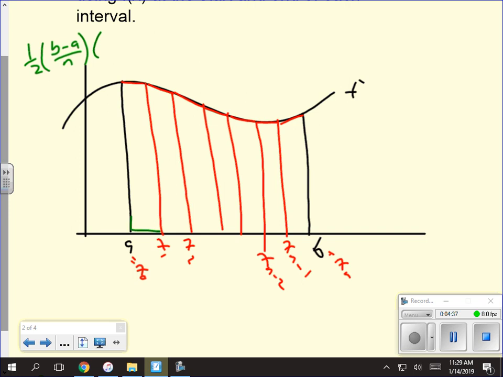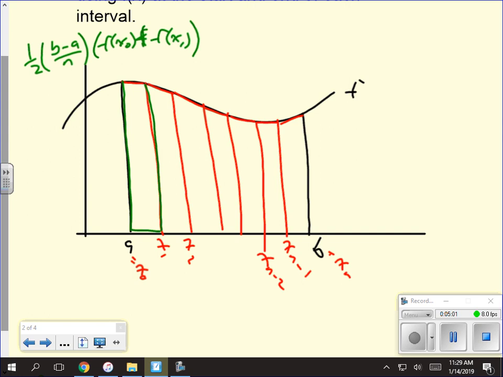The first base is this length here, the y-coordinate that goes with that x-coordinate, f of x sub 0. And then the other side, our base 2, would be f of x sub 1. That's our first trapezoid.